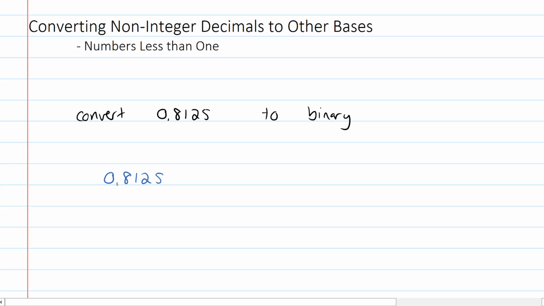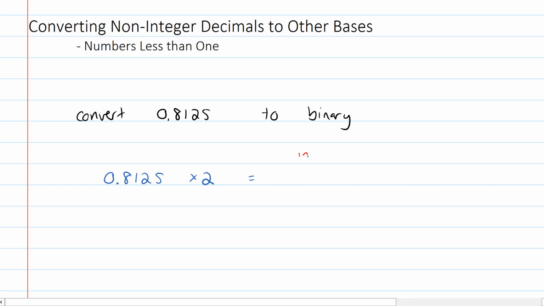Now we're going to notice that this number is less than 1. So my answer in binary should also be 0.something. And so we're going to take this number and multiply it by the base. We're changing this to binary, so we multiply by the base. That is going to give us a decimal number, 1.625. We're going to break that into two parts.